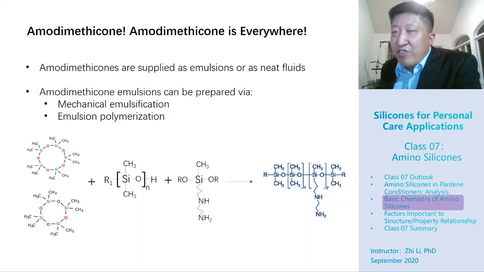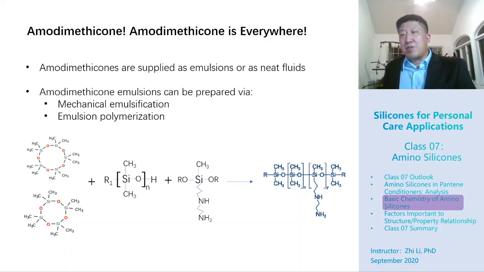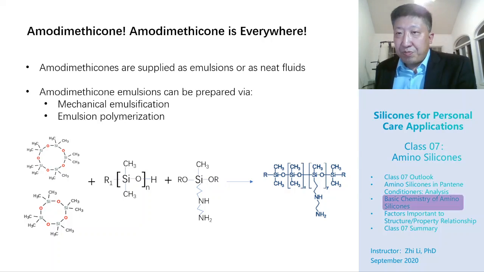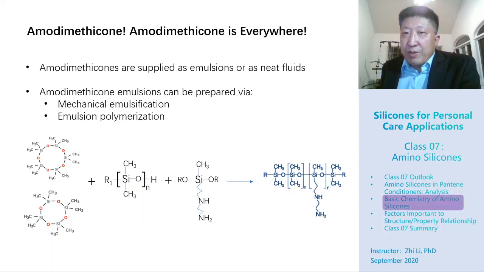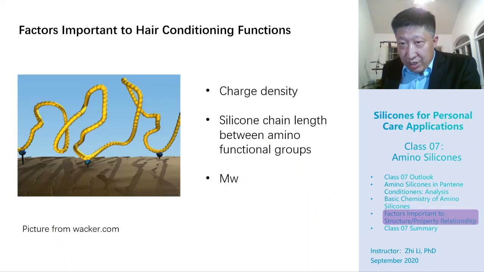And if you have extra silanol groups, you may have some residual activities. So you might have some inconsistency from batch to batch in terms of performance. Those are the things we have to pay attention to when we select amodimethicone from any supplier. All right, let's move on to the next stage.